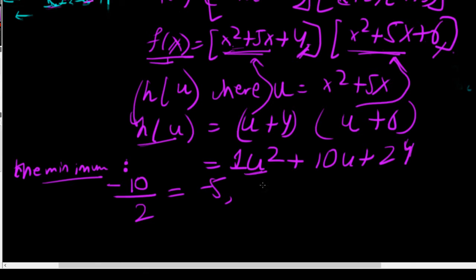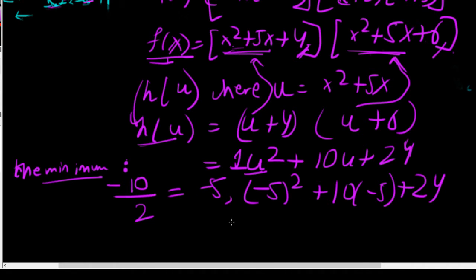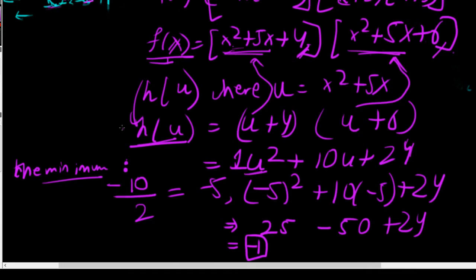And if I plug that in into this equation, I'll get minus 5 squared plus 10 into minus 5 plus 24. And this will give me 25 minus 50 plus 24, which will give me minus 1. So minus 1 is the minimum value of h of u and is indeed the minimum value of f of x.